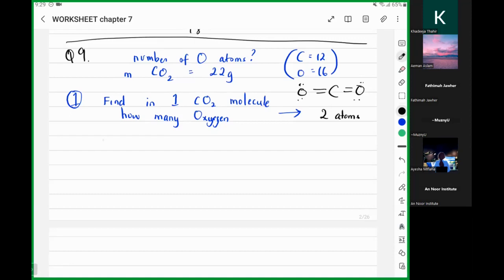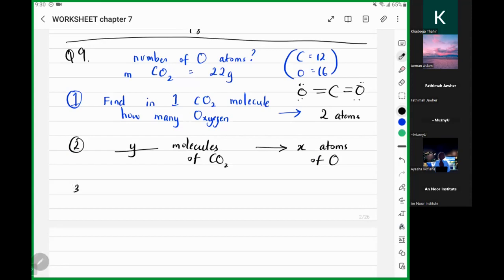So now what are you supposed to find? Now you're supposed to find X atoms of oxygen, ne? Because they're asking you that in, you don't even know the molecules, in Y molecules of CO2, isn't it? That's what you want to find. If you find the number of molecules, can't you find the number of atoms of oxygen? If one has 2, if you know the molecule number, you can find the atom number.